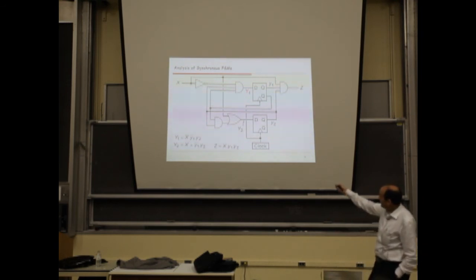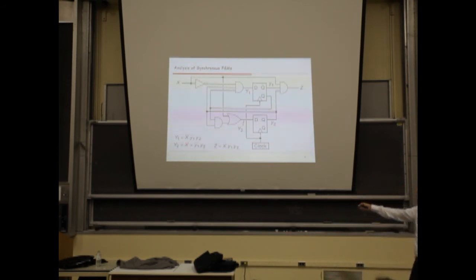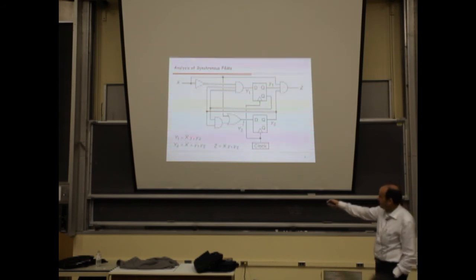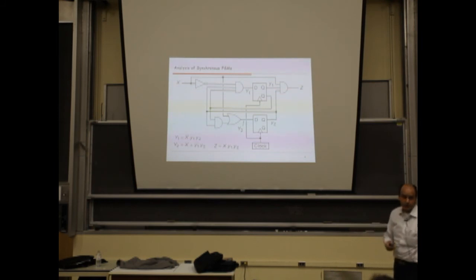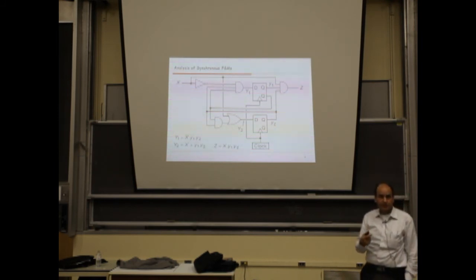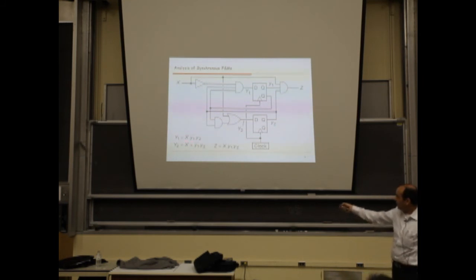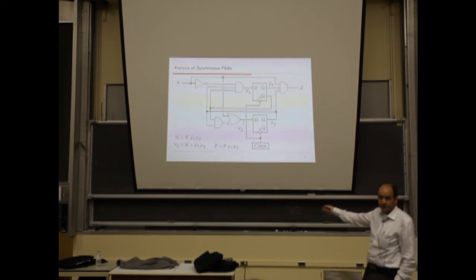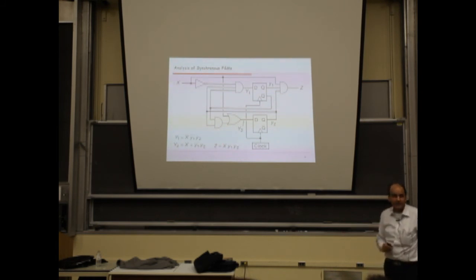By looking at Y1 here, we can determine that it's a function of X, small y1 and small y2. So we know that Y1, as a next state variable, is driven by small y1 and small y2, which are the present state variables, and X. The same holds for Y2, and I have the value for Z. So when you look at this circuit, is it a Mealy circuit or a Moore circuit?